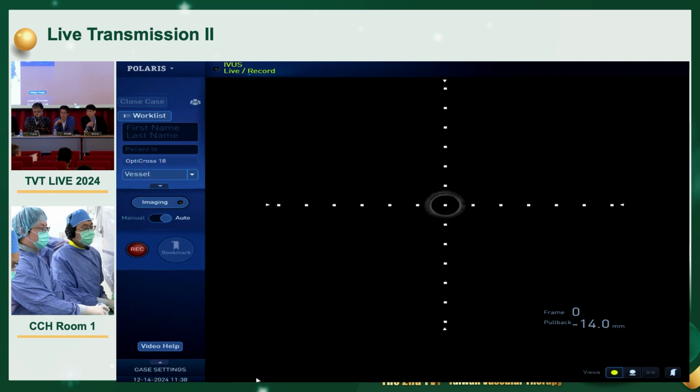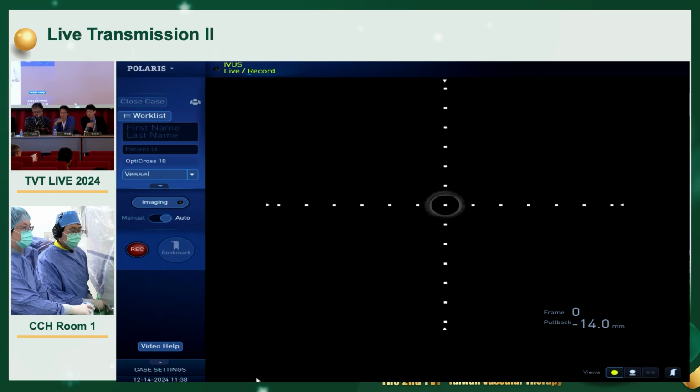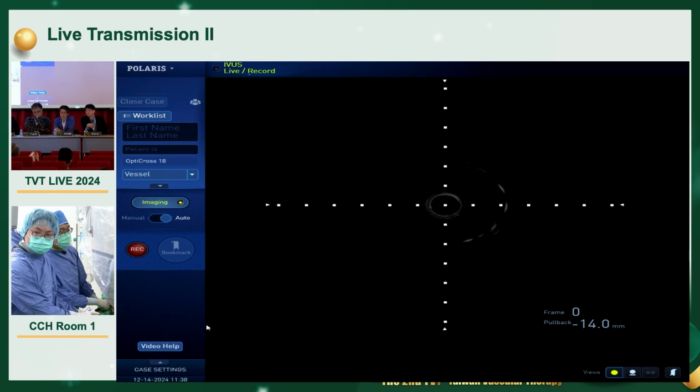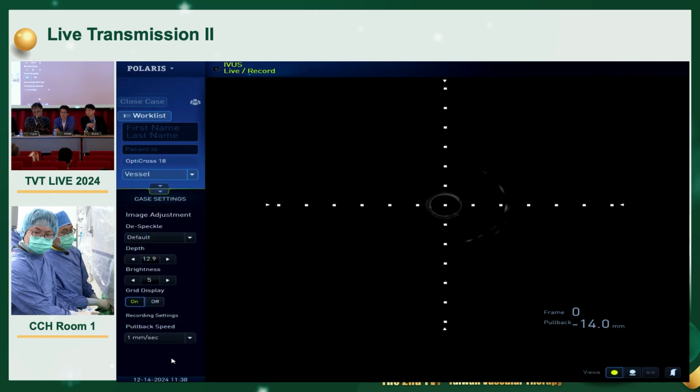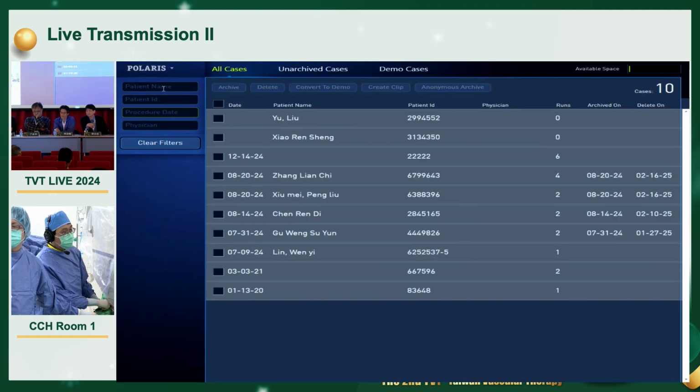Today we use the antegrade approach, right femoral puncture and crossover to the left side. The wire is a soft wire, Gladius 01A. It could easily pass through the CTO lesion, through the in-stent lesion, and to the distal popliteal.